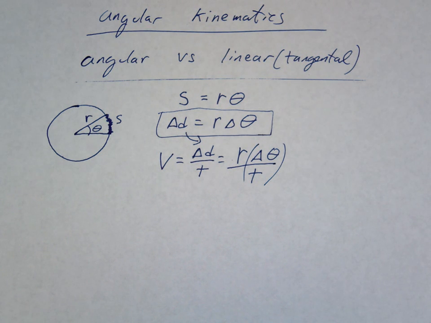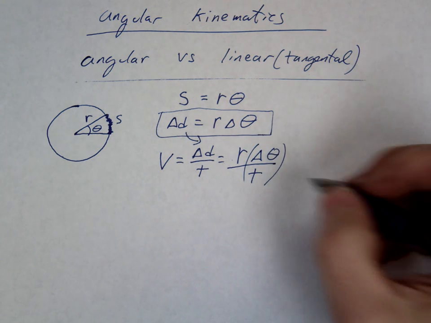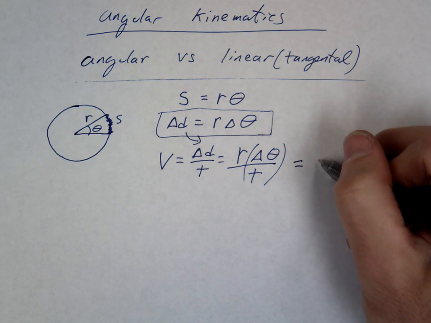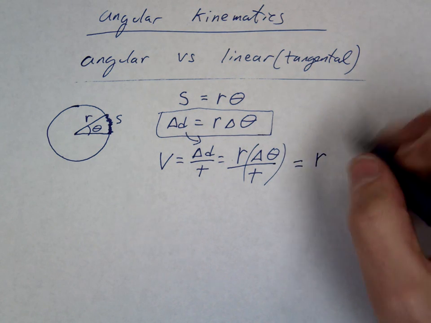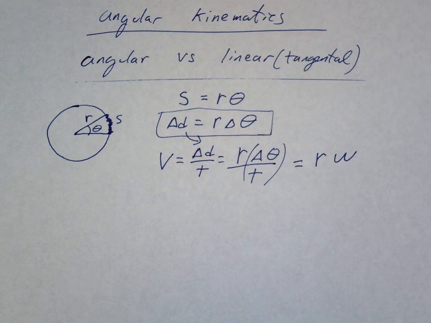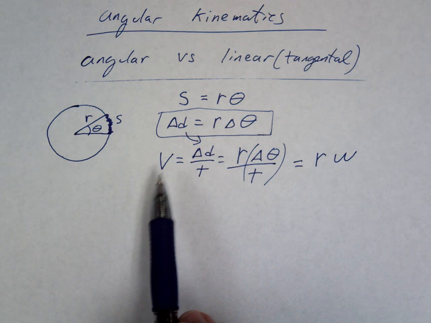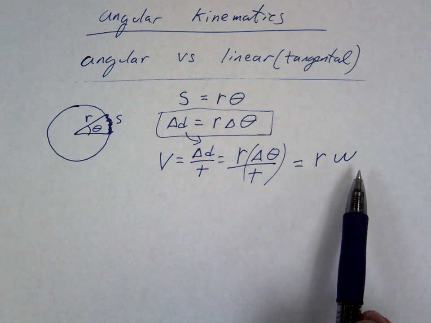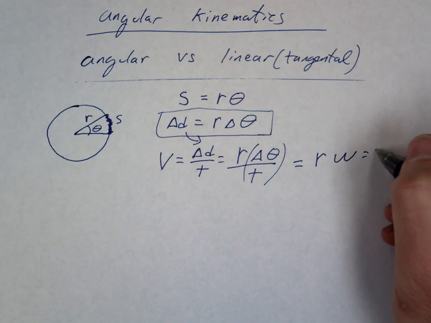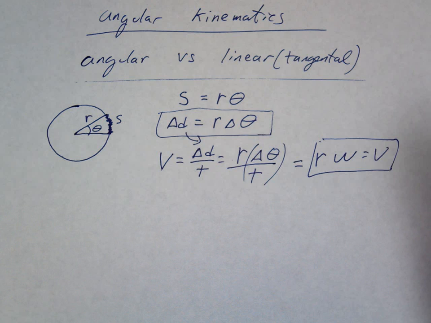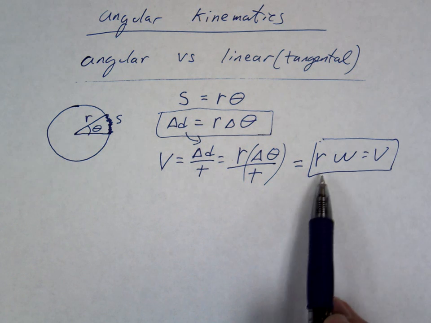What is delta theta over t called? Angular velocity. Right, so we could also write this as r omega. So notice that S equals r theta and V equals r omega. Or I'll put it over here so I can box it nice. So V equals r times omega.